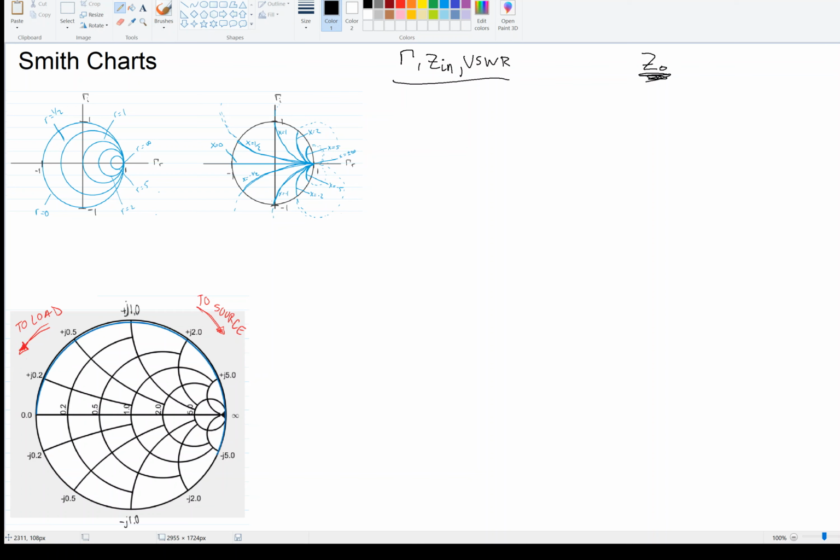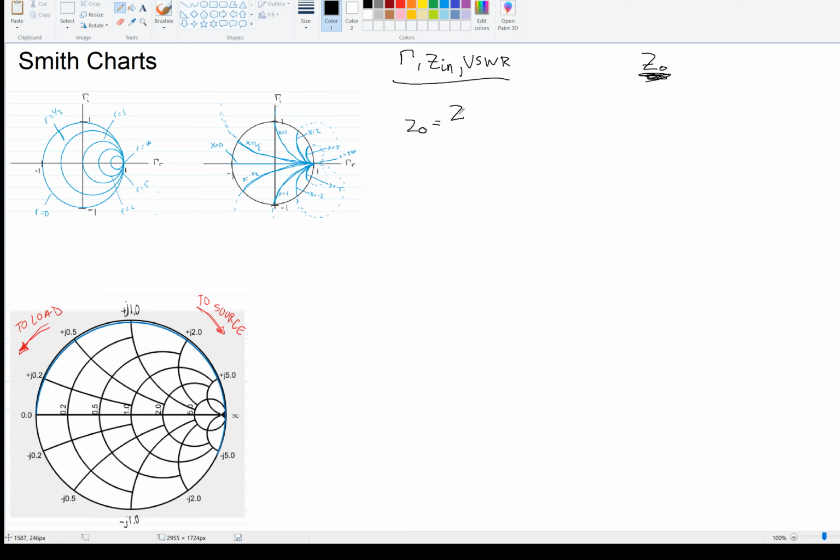And what we're going to do then is normalize impedances, and we're going to normalize the characteristic impedance to unity. That is to say, and I'm going to draw this as lowercase, and I'm going to represent my lowercase without this dash going through the z. So this is a lowercase z0, meaning normalized characteristic impedance.